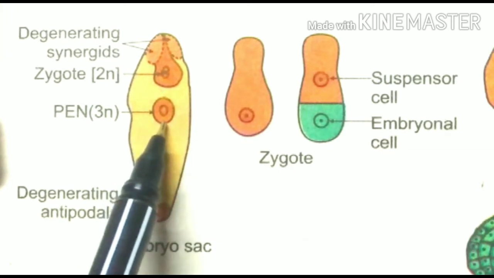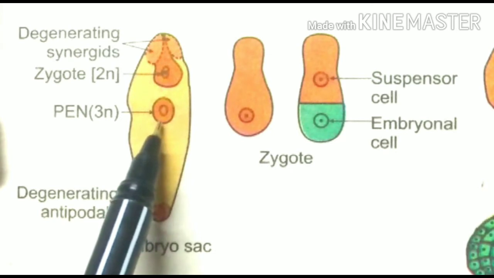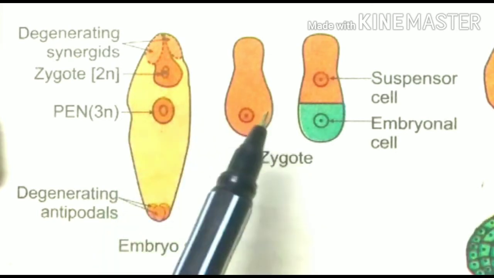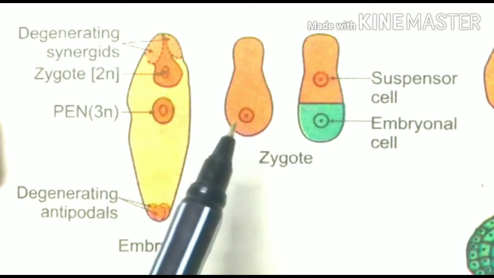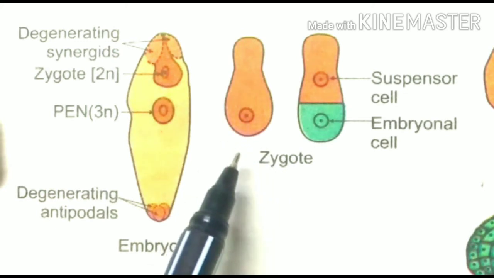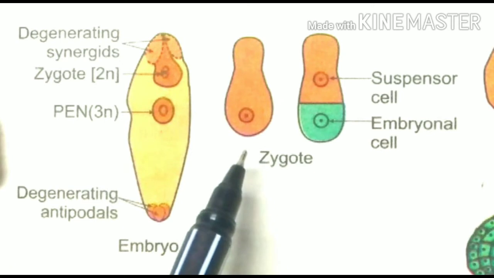So see the development of the embryo. After fertilization, a wall is developed around the zygote. Now the zygote is called the oospore.